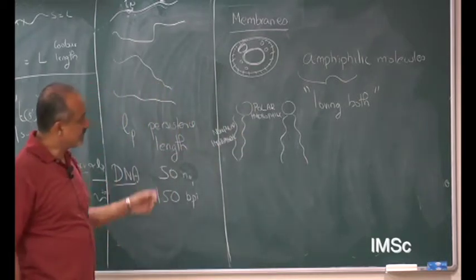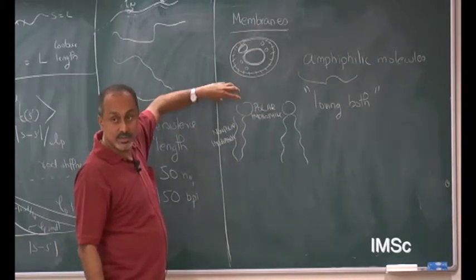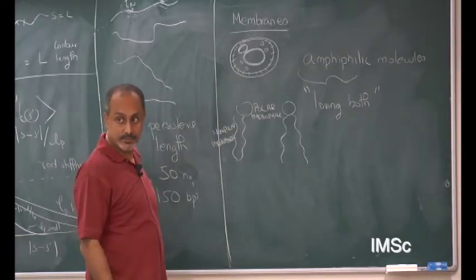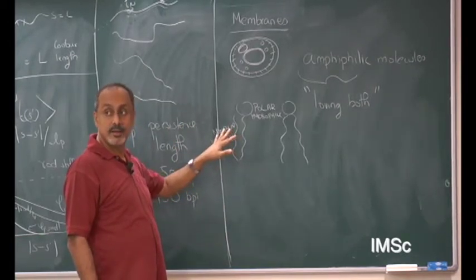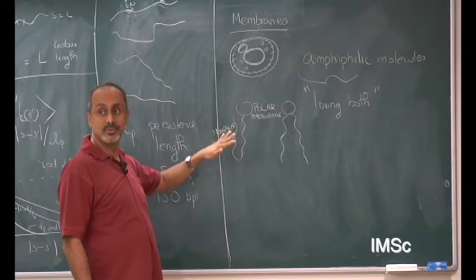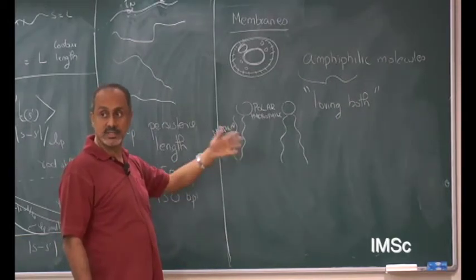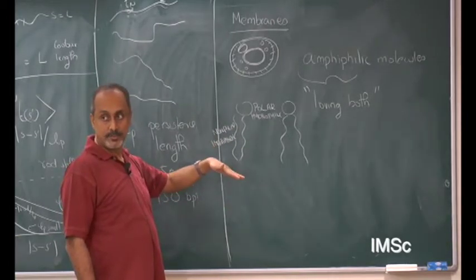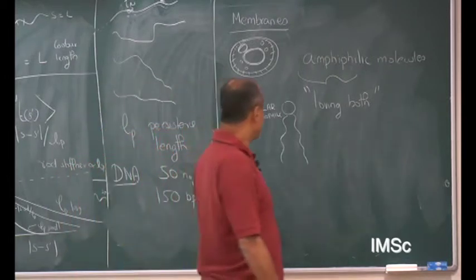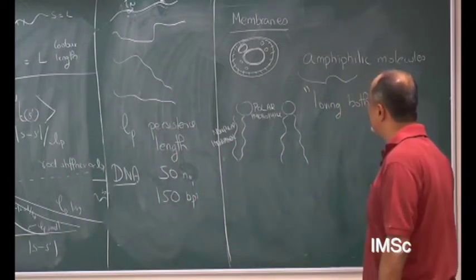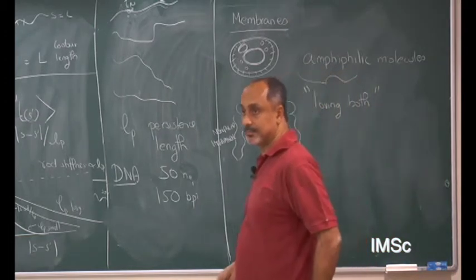So the molecule combines some part that likes water and some part that dislikes water. And it's this amphiphilic character. For example, soaps are amphiphiles because soaps usually sit at the interface of oil and water, with the heads pointing towards the water and the tails pointing towards the oil. So the tails are not exposed to the water at all. So it's these molecules that form the essential building blocks of cellular membranes.